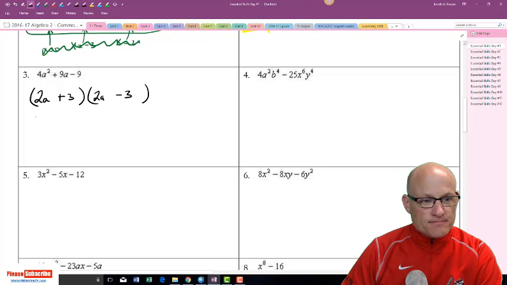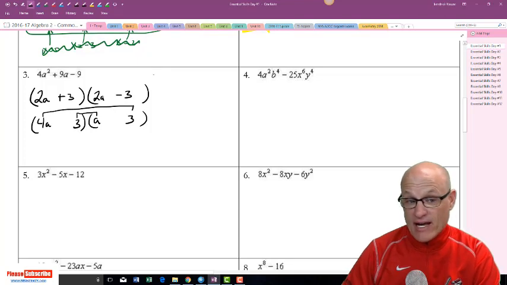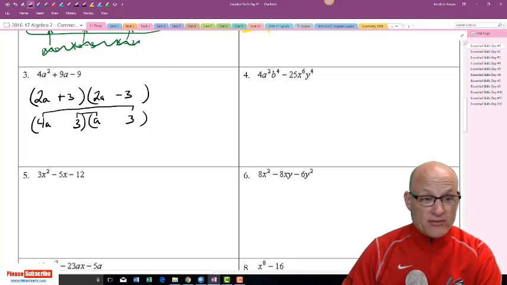That didn't work. How about 4a and a? Three and 3. Let's see if that works. That's 12 and 3. 12 and 3 I can make 9 with. I want it to be positive 9, so the 12 has to be positive and this has to be negative.